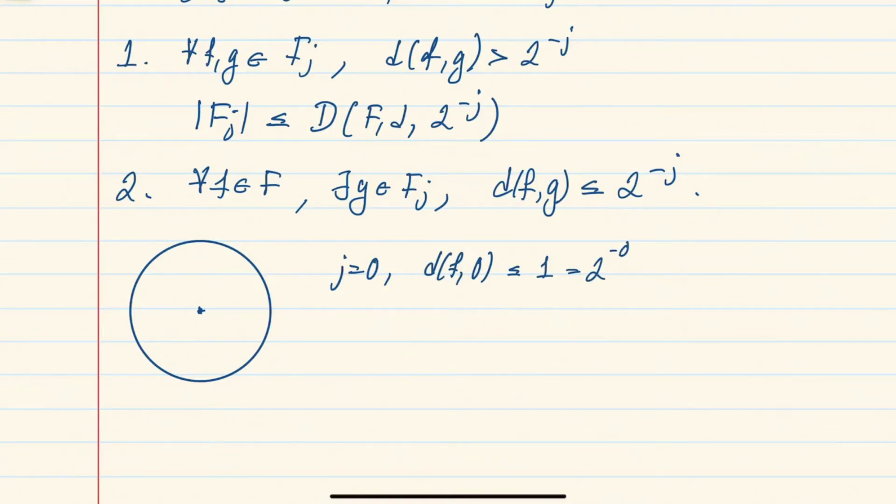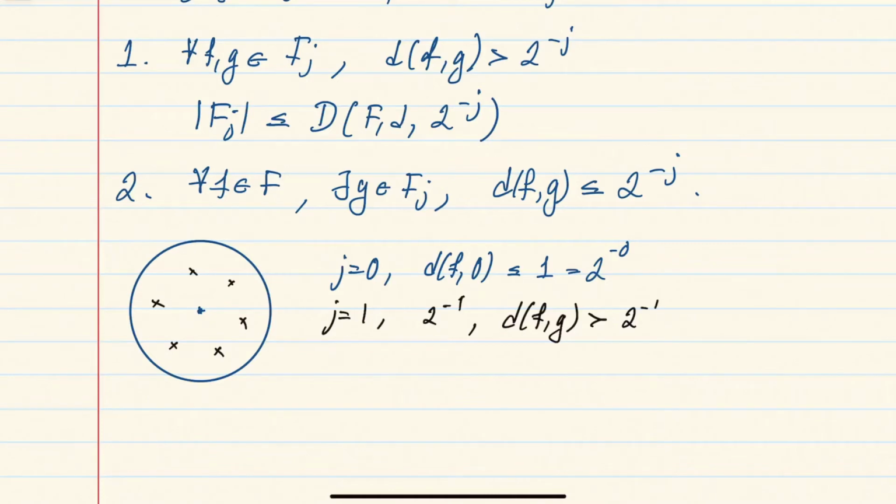Then how can we construct the set with index 1? We are looking now at the scale 2 to the minus 1. And so we simply keep trying to find functions f at a distance at least 1/2 from what we have. So we try to take the next function, if possible, at a distance strictly bigger from the previous ones. And we keep doing this as long as we can find such functions.